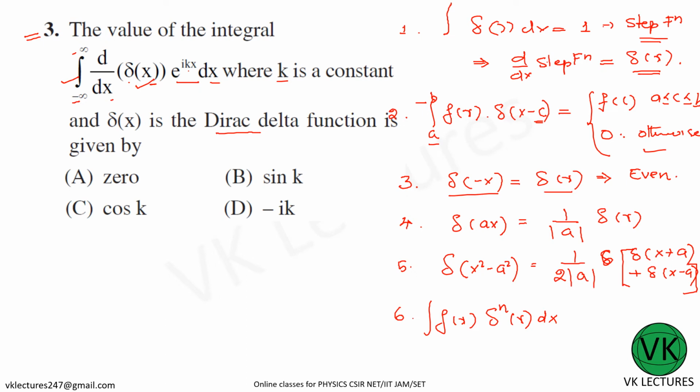Delta n of x is nothing but the nth derivative of the delta function, and this is equal to minus 1 times the integral of the first derivative of the function f into delta of n minus 1 times x, which means the (n minus 1)th derivative of the delta, into dx. Now coming to our question.